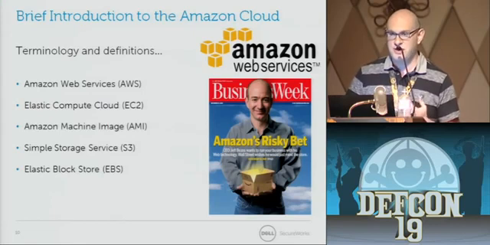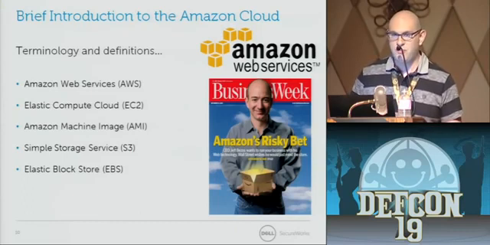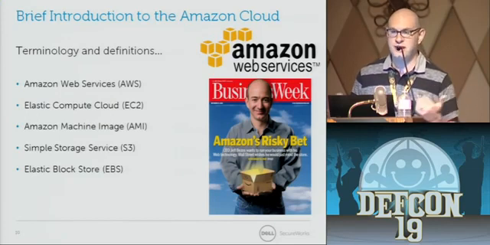You basically use what's known as buckets, and you read and write data into those buckets as objects. And then a more recent addition, though it's probably been out for a few years now, is the Elastic Block Store. And that is a virtualized block device. Just like on a Unix or Linux system, you can mount a block device on that system and read and write to it just like a file system. EBS is a cloud file system, a cloud block device that you can mount on your images there.